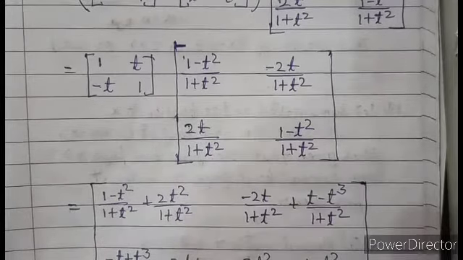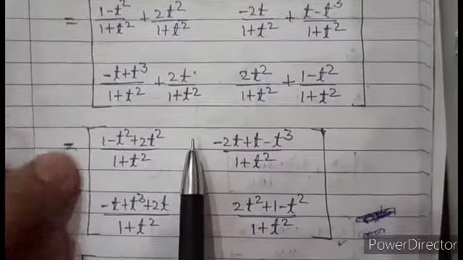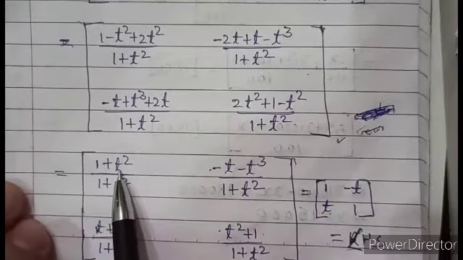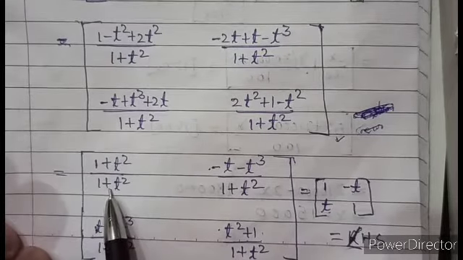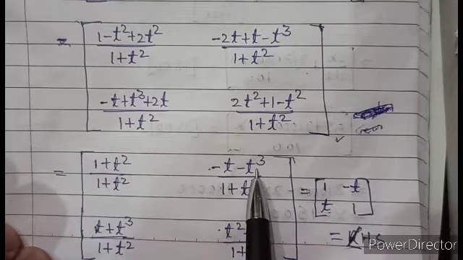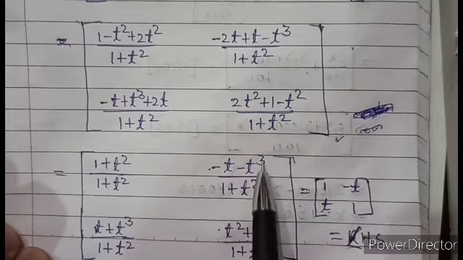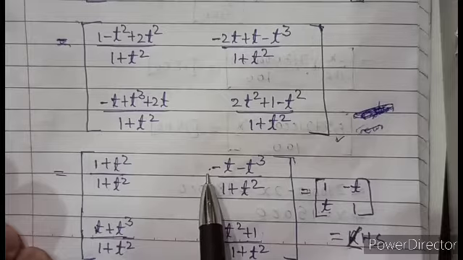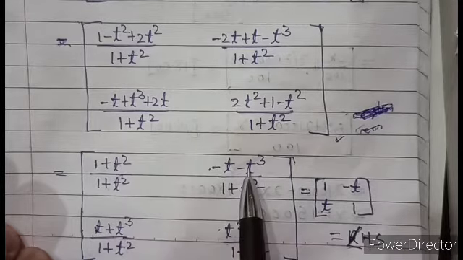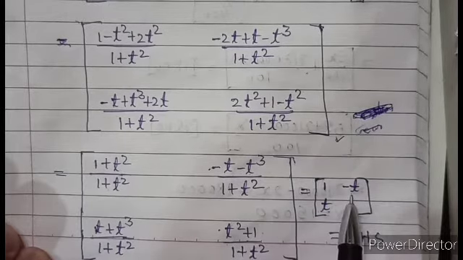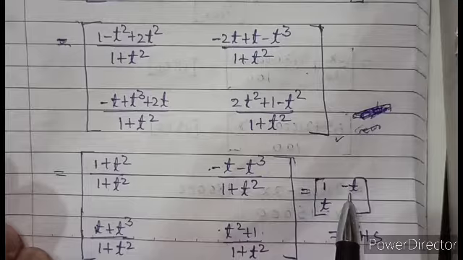Now on multiplying these two matrices, we are getting the first element as 1 plus t square upon 1 plus t square, that is equal to 1, and minus t cube upon 1 plus t square in the next. In this we can take minus t as common, and we will get the other factor as 1 plus t square, and that will cancel out, and it will give us the answer as minus t.